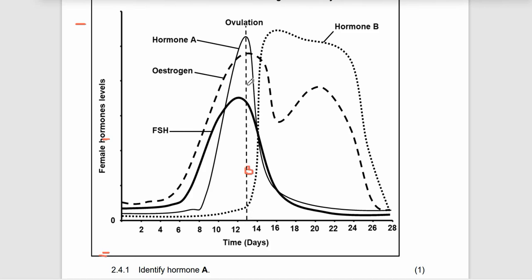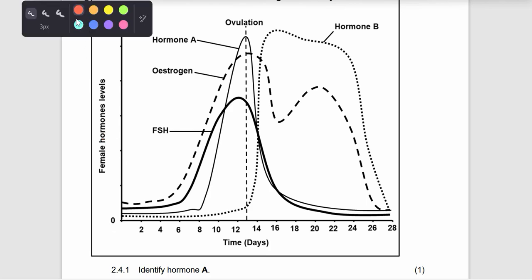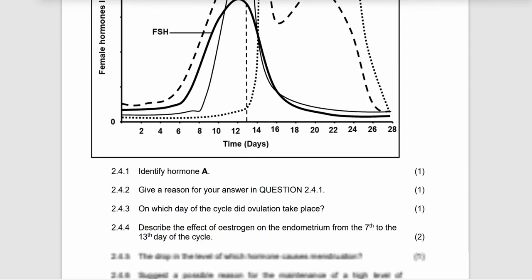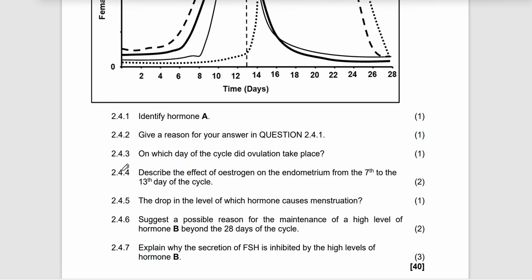So the ovulation in this female took place on the 13th day rather than the normal 14th day. Always look for things like these, guys, just before you answer your questions. Look at your diagram, what the diagram tells you.